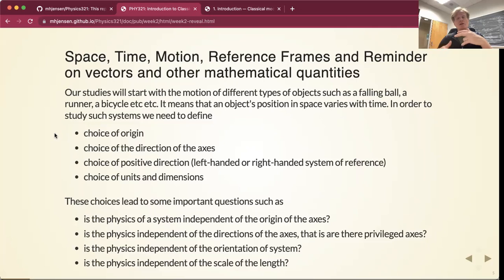Now, your physics, the output of you doing physics, the energy of the system, or other types of observables should not depend on a specific privileged axis which you have chosen. Often you would choose that because perhaps your calculation is easier if you choose one specific set of coordinates compared to another set of coordinates.